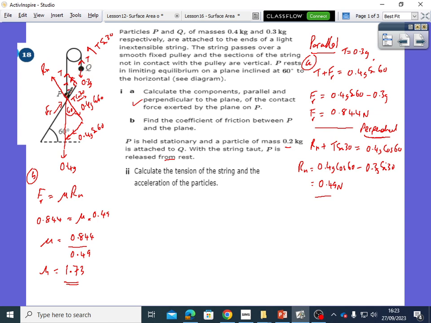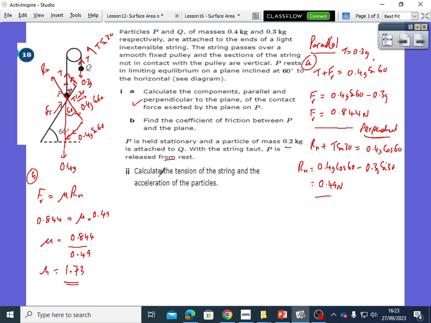That's going down, and that will start lifting up. So if that lifts up, then it will have no contact. Just going to quickly do 0.3 times 9.8, just to make that point. Yeah, so that will lift that up, that will increase that tension.